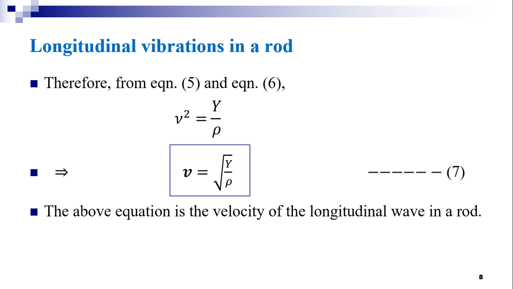So this velocity of the vibrations set up in the rod is directly proportional to square root of the Young's modulus of elasticity of the rod, and it is inversely proportional to square root of the density of the material of the rod.